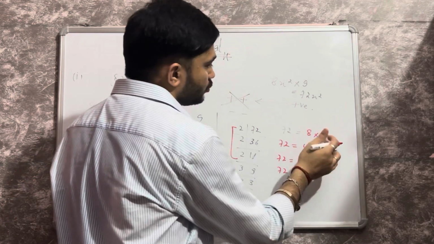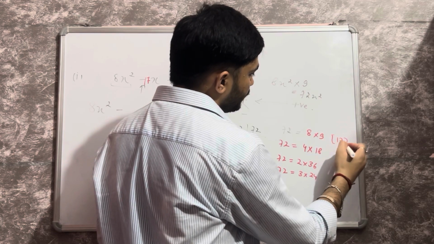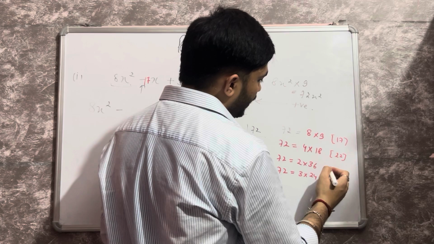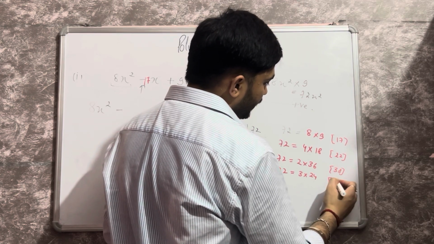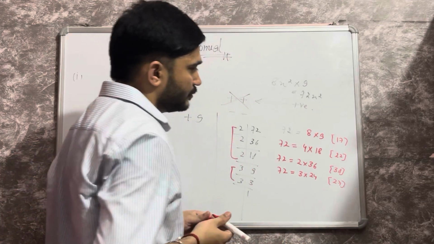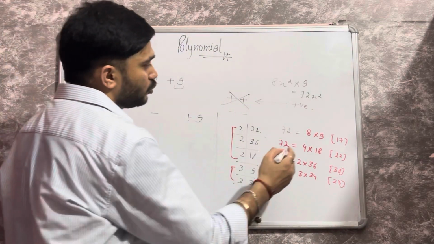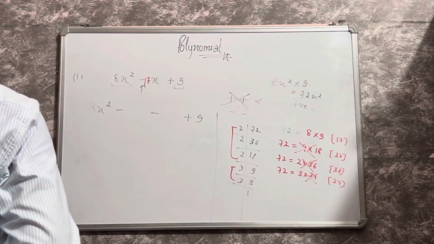Now add these two numbers. After adding these two numbers you will get 17. After adding these two numbers you will get 22. After adding these two you will get 38. And after adding these two you will get 27. Here we have 17x, so it is going to be the first case, not the second, not the third.